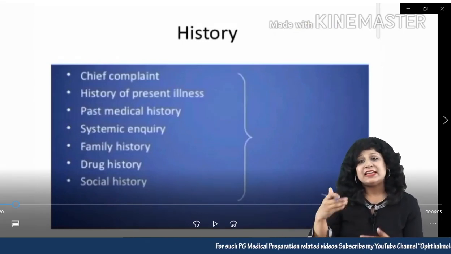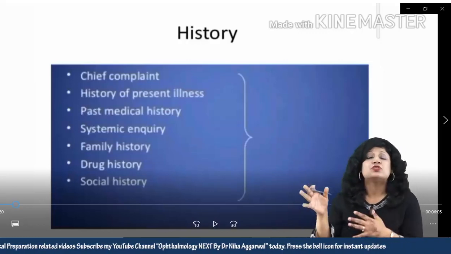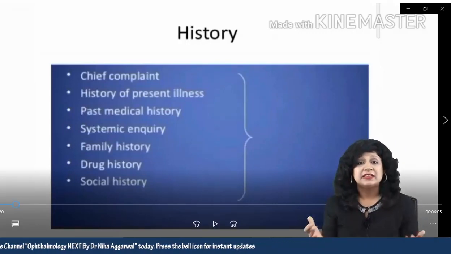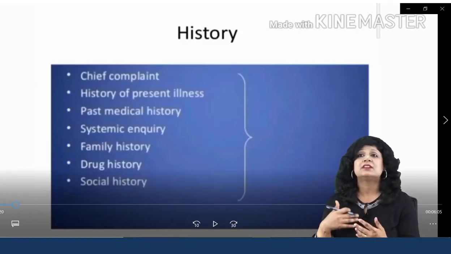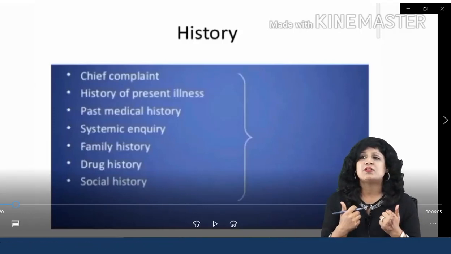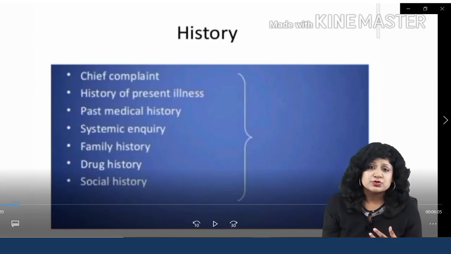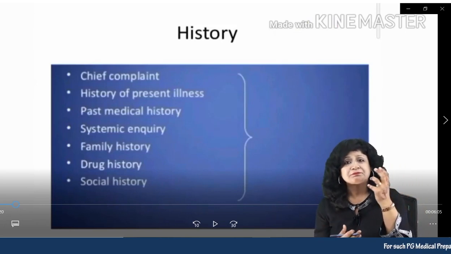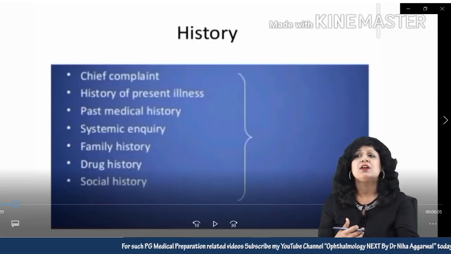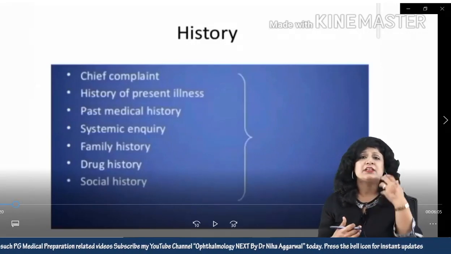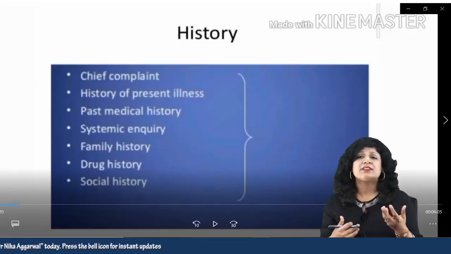Then suddenly he started having this, or he may be having, or she may be having gradual diminution of vision, but suddenly there is worsening of the symptoms, there is sudden painless diminution of vision, or there was a trauma, or there was history of exposure to something, or there was an injury from the animal tail, or the injury from the vegetative matter, or she was fine and suddenly she started having discomfort in her contact lenses, something like this.